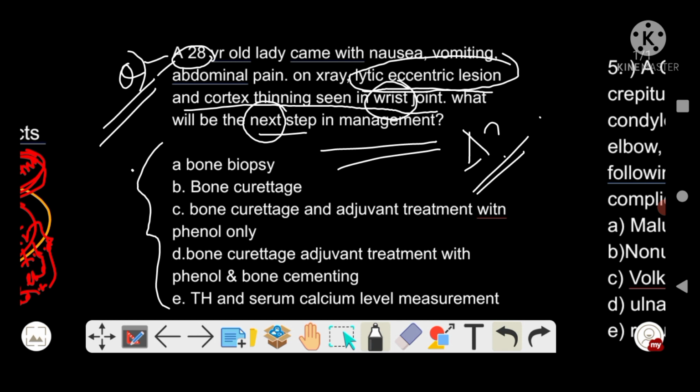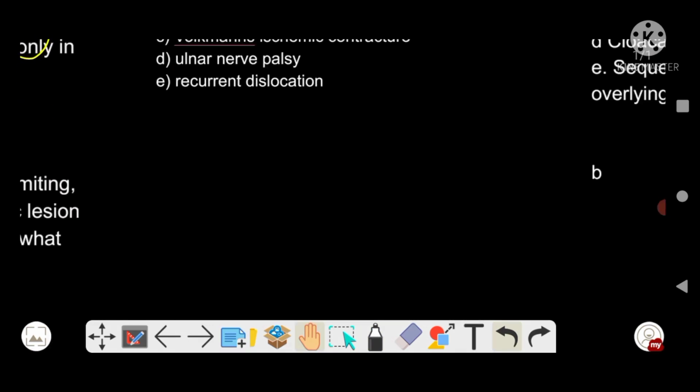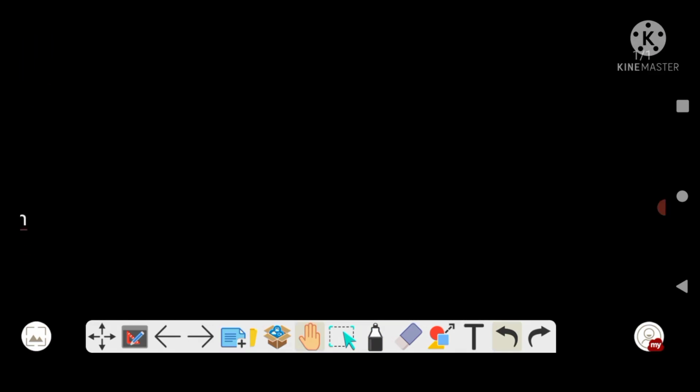So from the given scenario, we know that they are talking about some bone lesions or bone tumors, and the bone tumor which is lytic, eccentrically located and particularly in the wrist joint, it is your giant cell tumor, correct? So I will discuss giant cell tumor, and then you can understand why I mentioned that the diagnosis is giant cell tumor. So let's see.